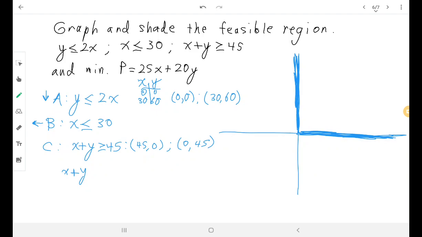And then C, x plus y is greater than or equal to 45. I'll subtract x on both sides. And that'll give me y is greater than or equal to negative x plus 45. So it will still shade down. Okay. So now I have everything I need to know how to put all this together.